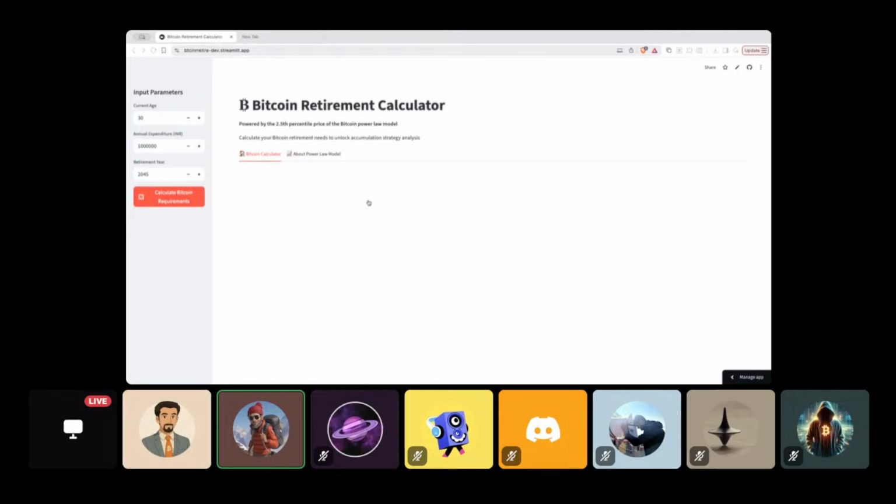So I think most of you would have seen V1 of this calculator. Basically, it's a BTC retirement calculator that we are trying to code. It's a basic tool that lets you get a ballpark figure of how much BTC you will probably need to retire.